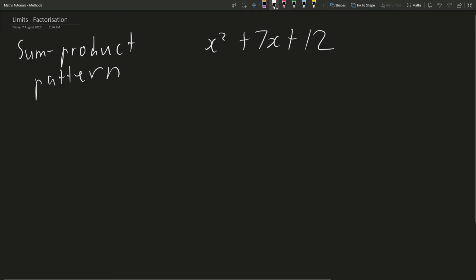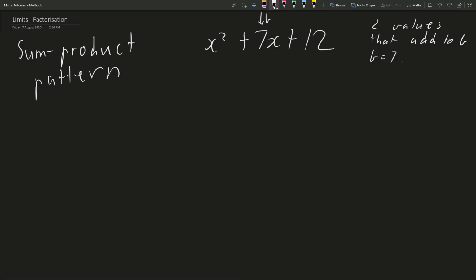We need to find two values that add to b. In this case, b is equal to 7. Middle term here is b. And multiply to c. In this case, c is equal to 12.